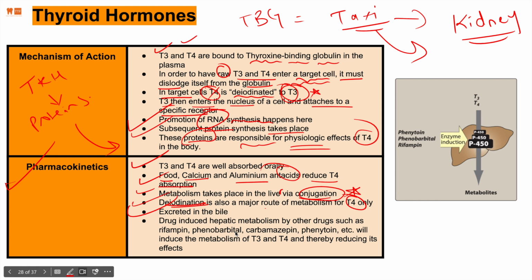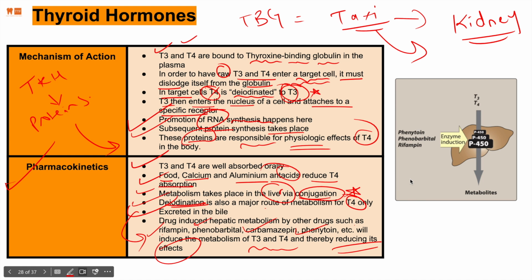Remember, this is metabolized in the liver. Therefore, other drugs that induce hepatic metabolism, such as rifampin, phenobarbital, carbamazepine, phenytoin, etc., will induce the metabolism of T3, T4, which means it will be excreted faster. Reduces its effects in the blood.